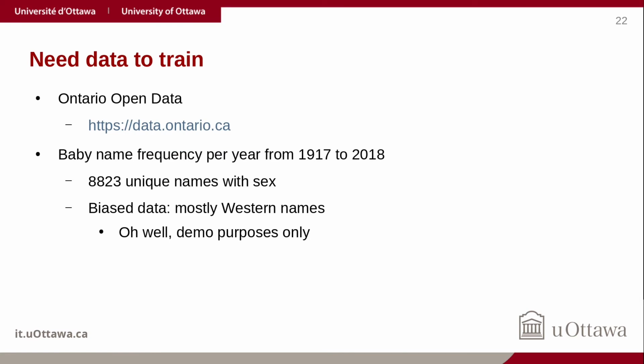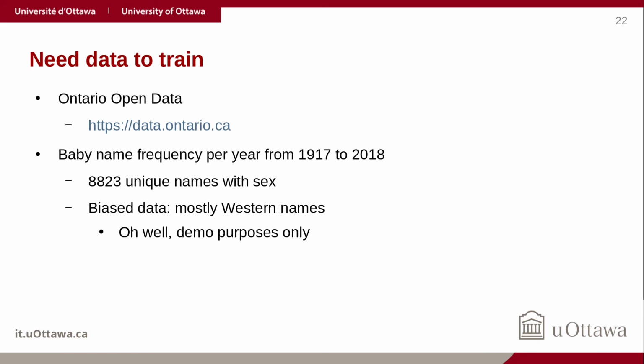And so we now have an idea of what we want to do, and then we need to get some data. Ontario has a really nice website called data.ontario.ca, and they have lots of data sets on there. Since I'm interested in names, I found a data set that shows you the baby name frequency per year from 1917 to 2018.